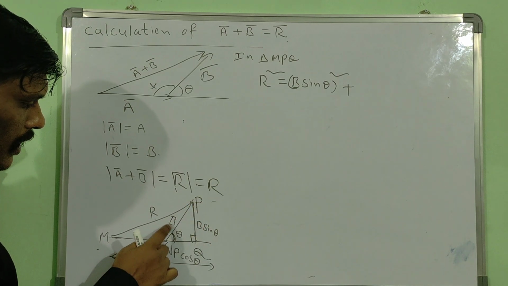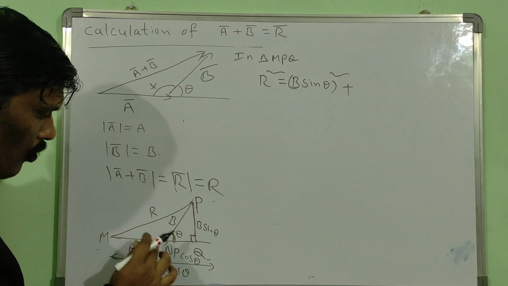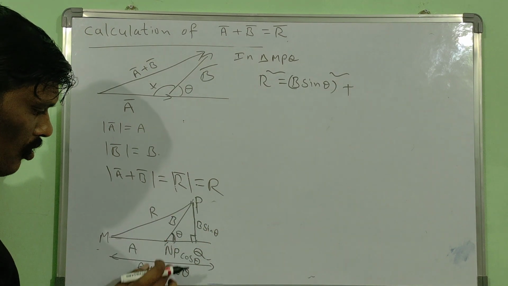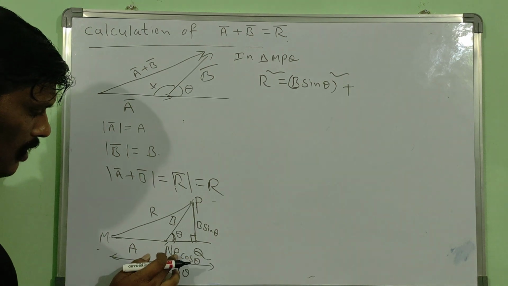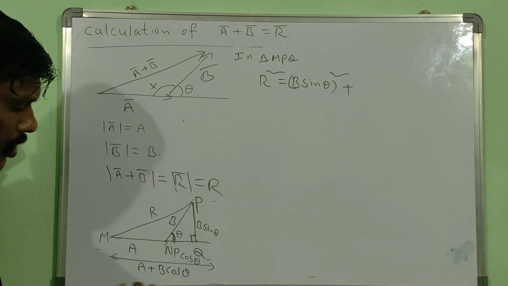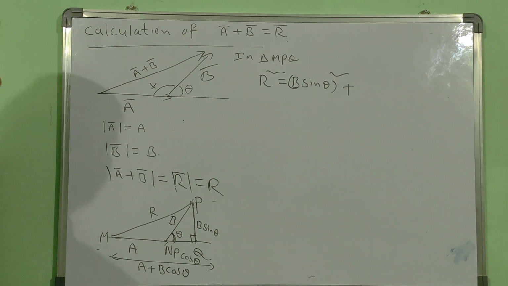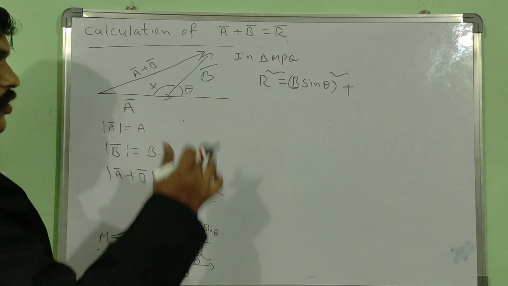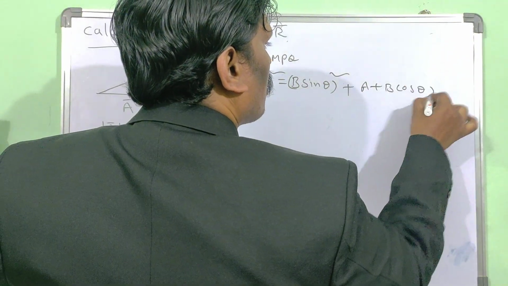B. So B cos theta. What is the total length here? A plus B cos theta. So this side square is A plus B cos theta whole square.